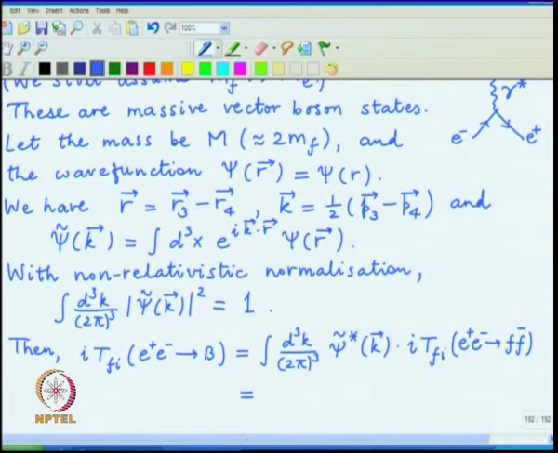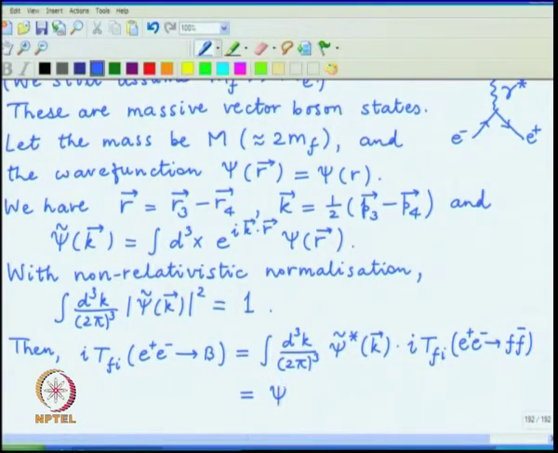And so, if TFI is going to be independent of k, it is isotropic, so it does not depend on the direction of k, but it is also independent of the magnitude of k near threshold, then we just have an integral of psi star over the whole space, and that is nothing but the inverse Fourier transform with a phase factor corresponding to 0.